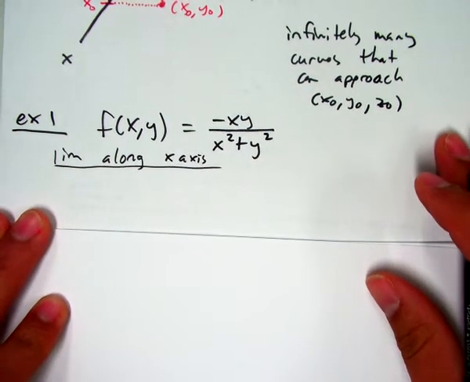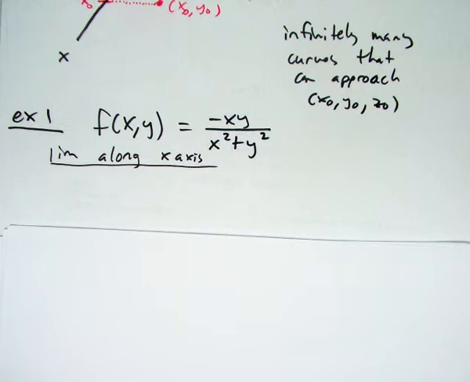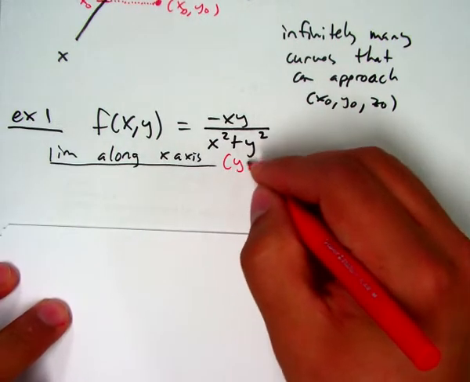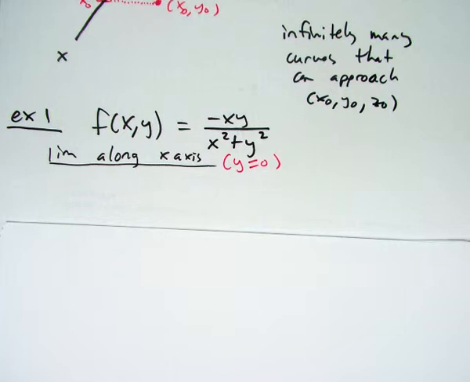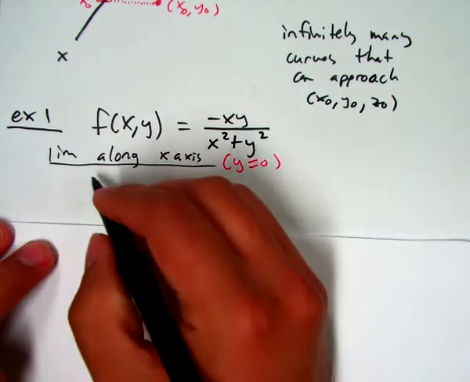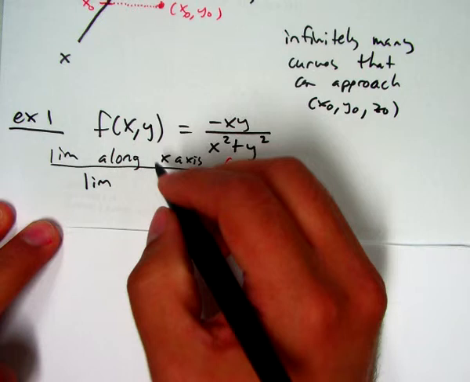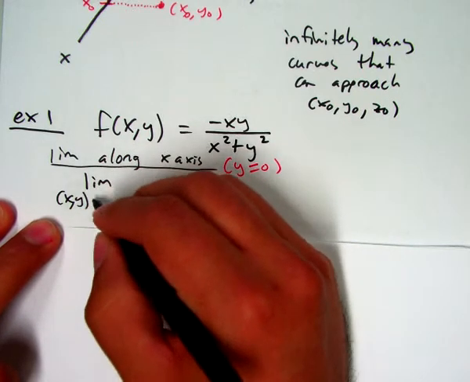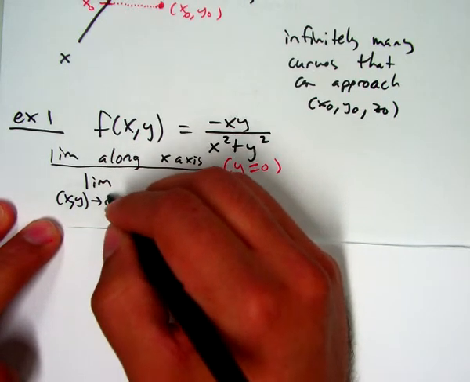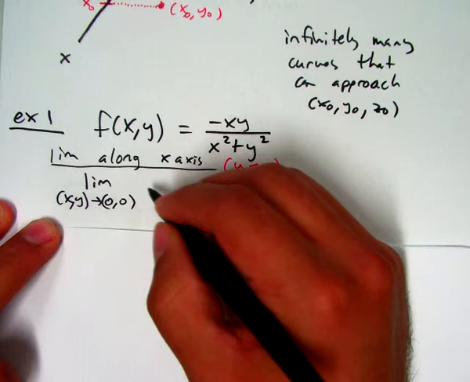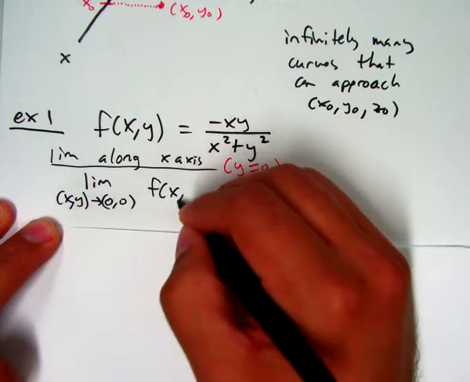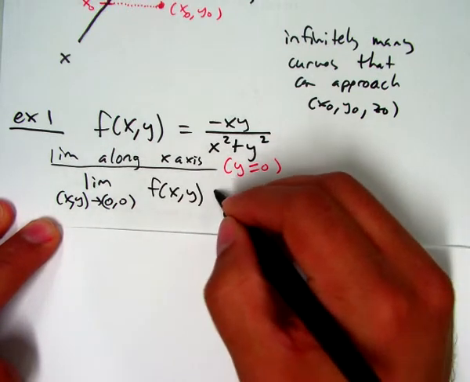What's the equation of the x-axis? y equals something. Okay, y equals 0. So then this is what we're talking about. We're saying, let's look at the limit as x comma y approaches 0, 0 of the function that we're looking at. We want to figure that out.